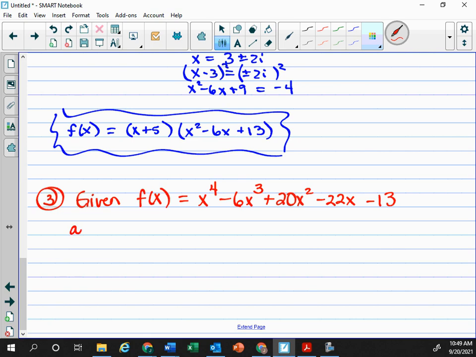And 2 minus 3i is a solution of f of x. Find all solutions.